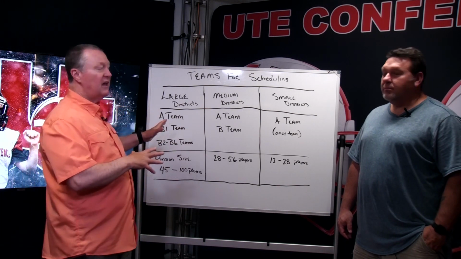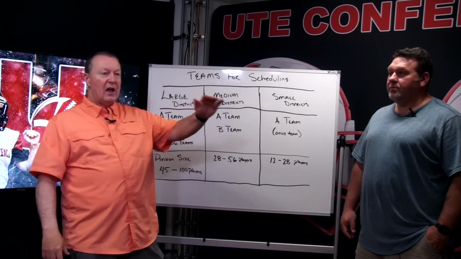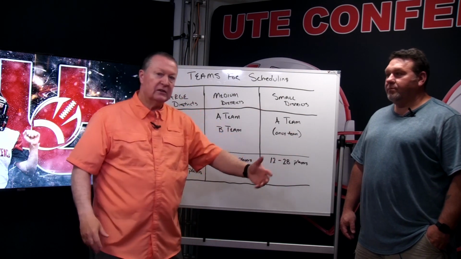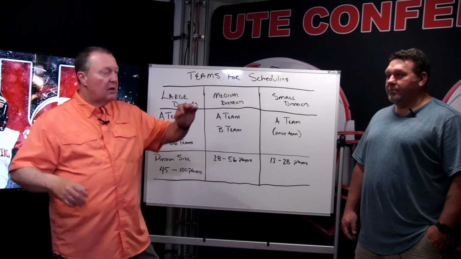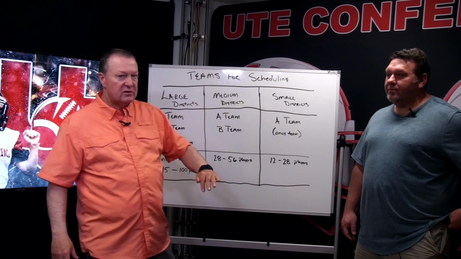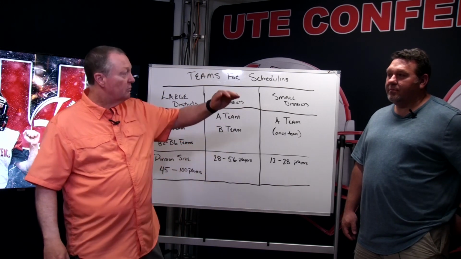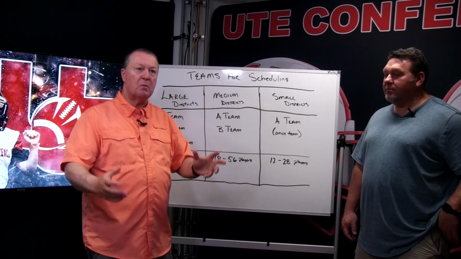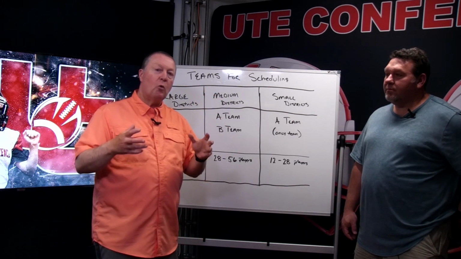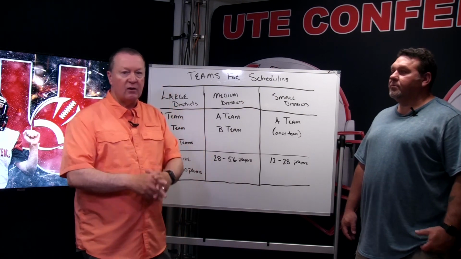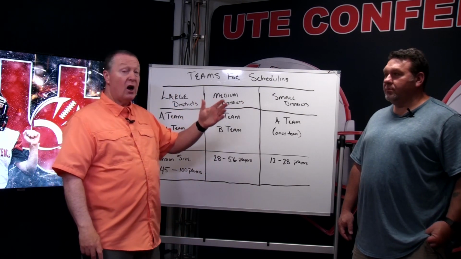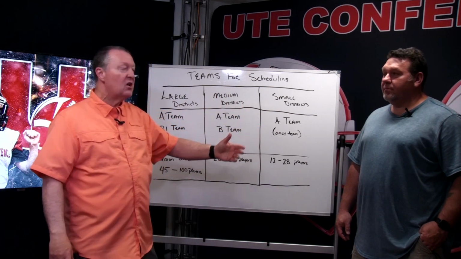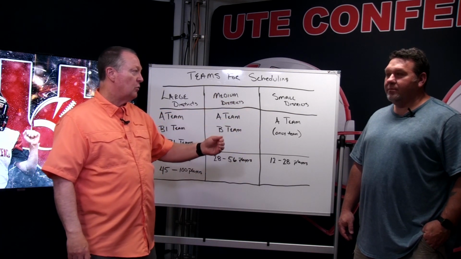Now, in the old days, it used to be Alta played Bingham. Wasatch would play Clearfield. All of your A teams would play the other district's A teams. B teams, it was just a mishmash. But we contend, and we've proved it out over the last couple of years, that all teams and districts and divisions inside districts are not created equal.